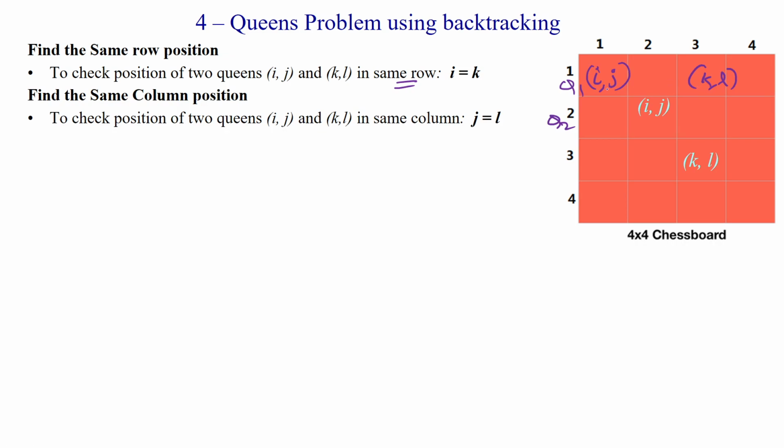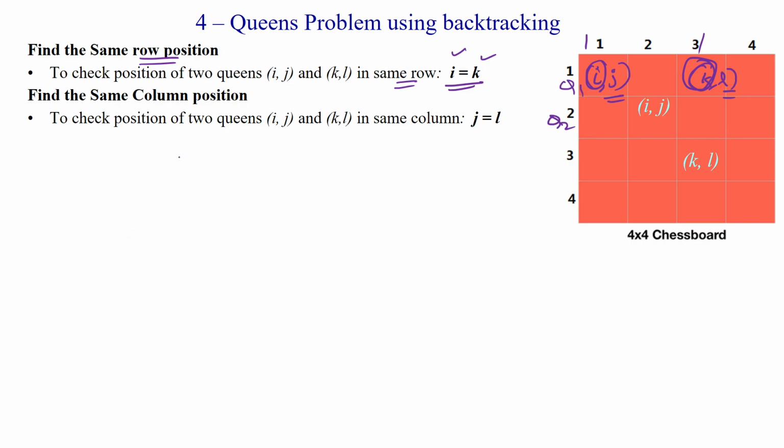In this position you see j is not equal to l, but i equal to k. Same row means i equal to k. So when the index value i equals k, that means row i equal to 1, k equal to 1, same row. If both are the same, we can decide that 2 queens are positioned in the same row.